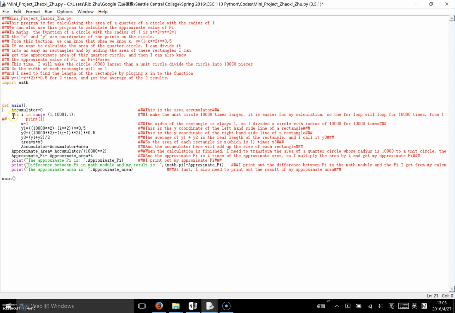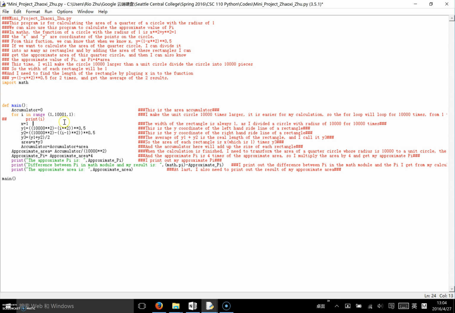And then as I divide the big circle by 10,000 times, I will need a for loop from 1 to 10,000. The width of each rectangle is always 1, right?